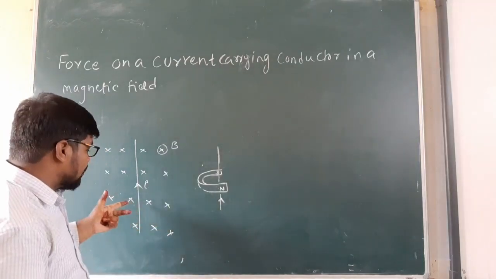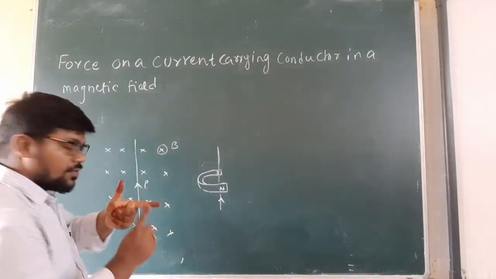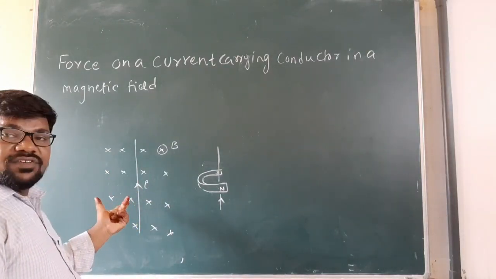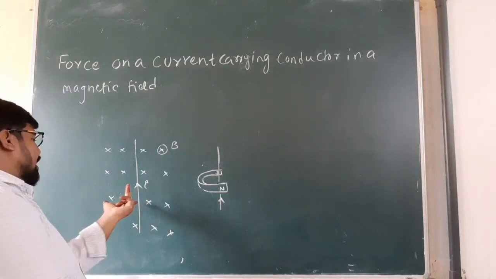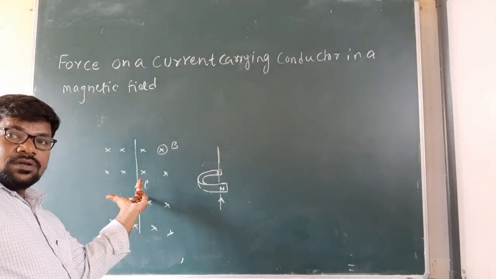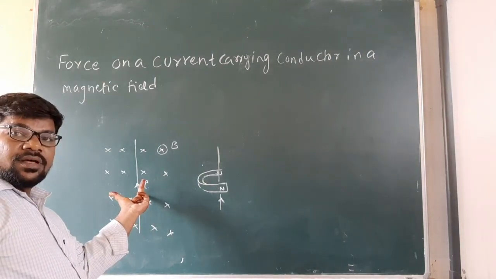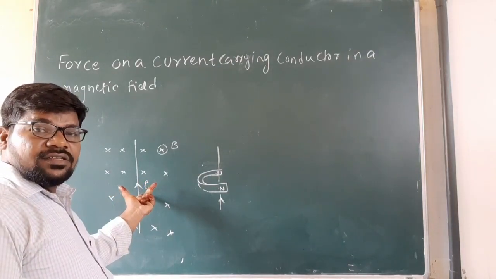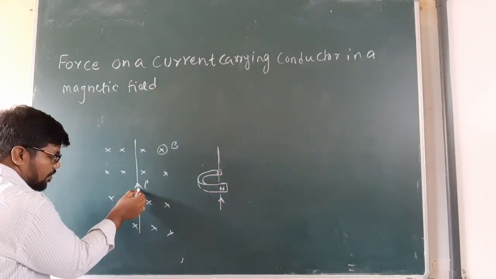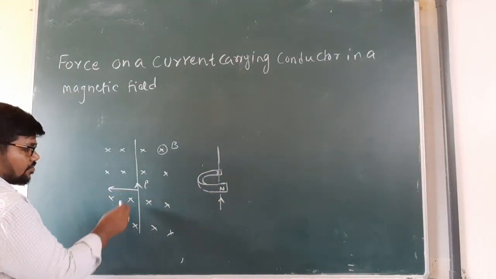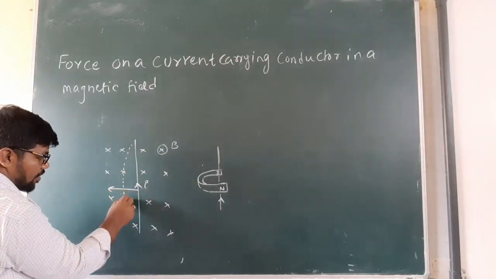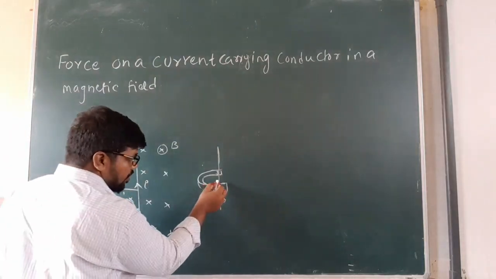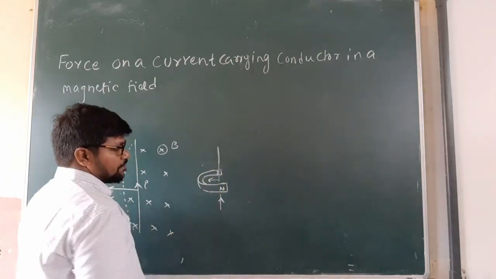By applying Fleming's left-hand rule, forefinger into the board, middle finger from down to up as the current direction, the thumb indicates the direction of the force acting on the conductor. The current carrying wire moves leftwards.